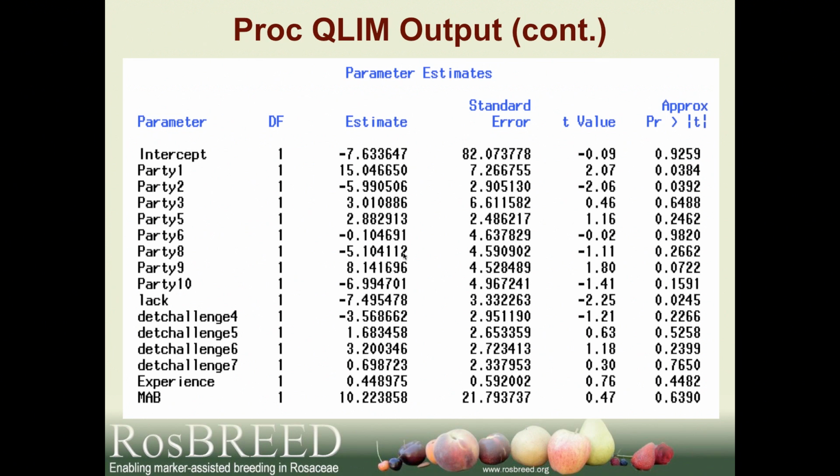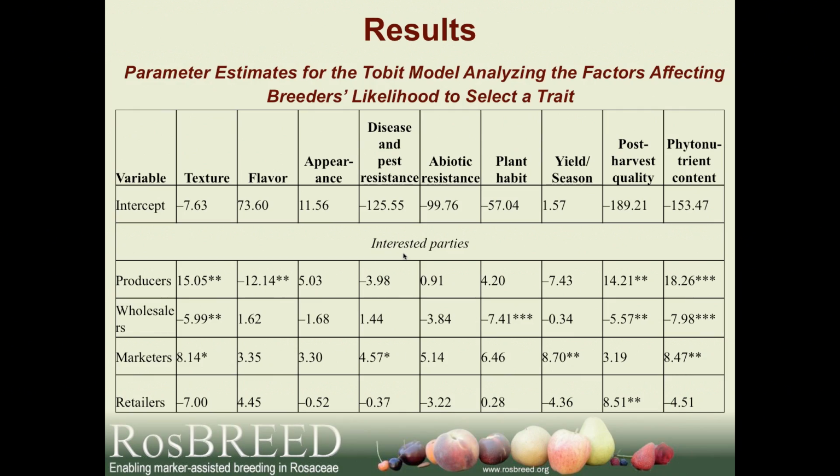Actually, we did the Tobit model for each cluster. So we have a total of 9 regressions, one for each cluster, and the table shows all the results for these 9 clusters. You can also find this table in the paper.